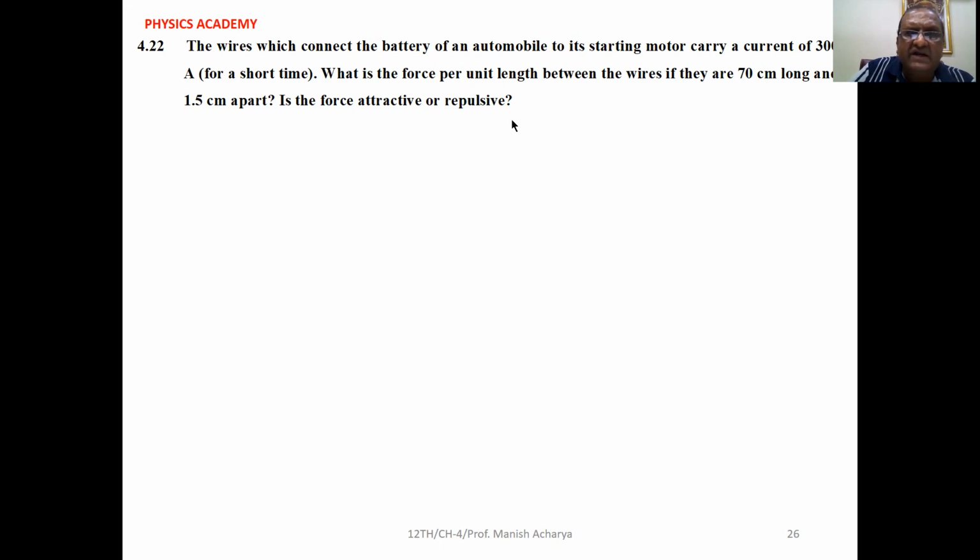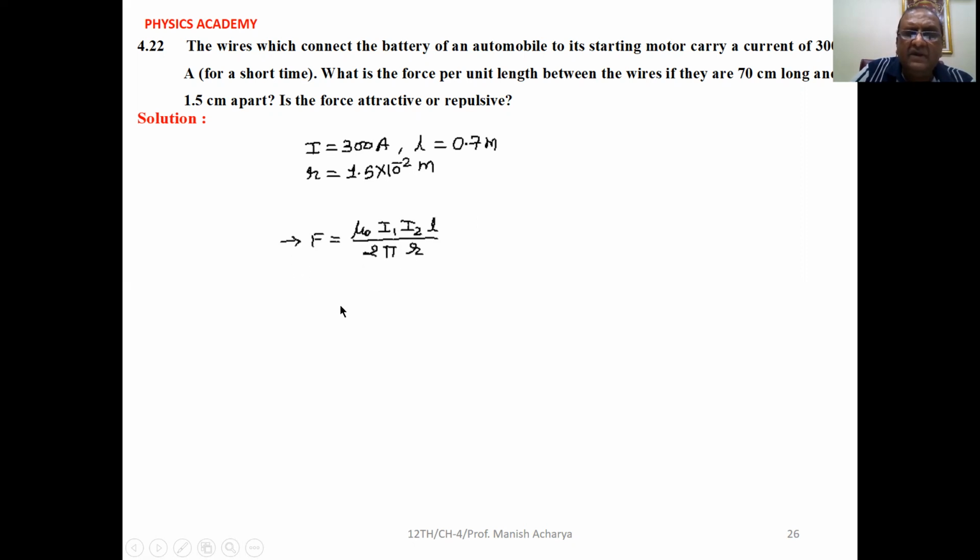Is the force attractive or repulsive? Now see, the current is 300 ampere, length is 70 centimeter, so 0.7 meter, and R means separation, that is 1.5 centimeter, so that is 1.5 into 10 raised to minus 2 meter.